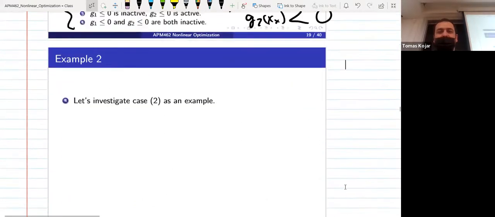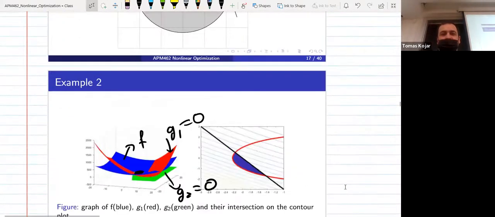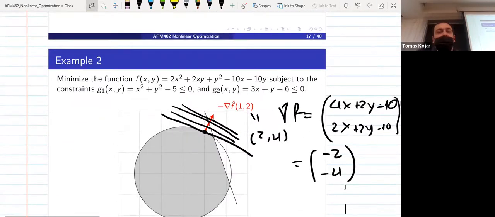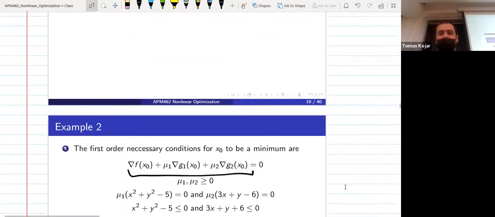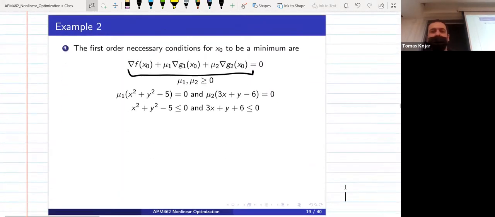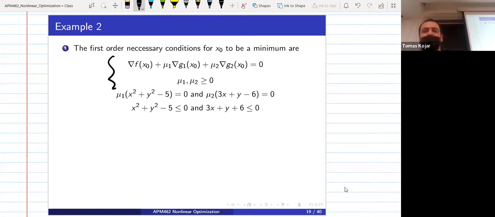So again, let me explain what happened. You have a minimization problem. The first order conditions will give you the candidates.